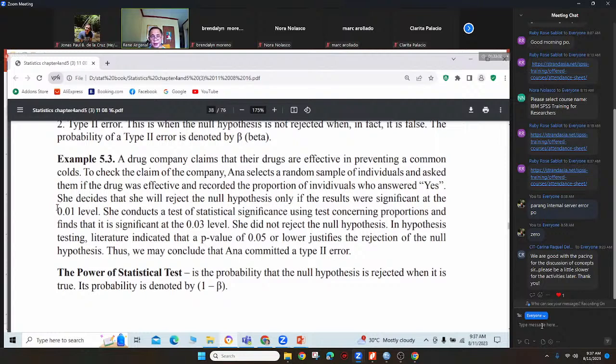Although she set it at 0.01, actually it's okay if the p-value was set up to 0.05 because, I believe most of you are familiar, the usual thing that we use is 0.05, no? So in this case, Anna committed a type 2 error. So she did not reject the null hypothesis, and in fact it should be rejected. Let me go back.